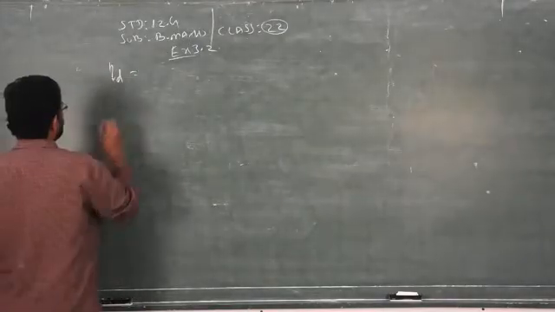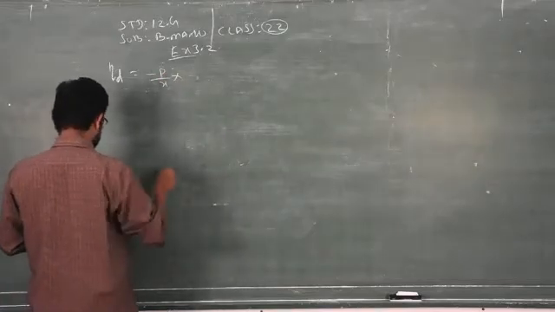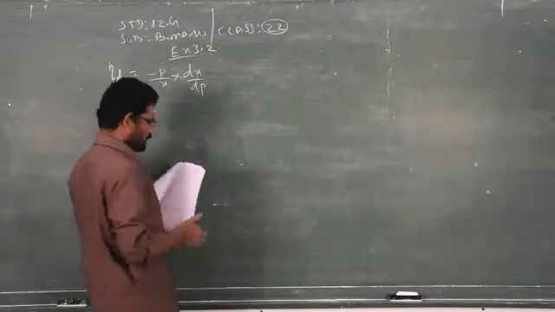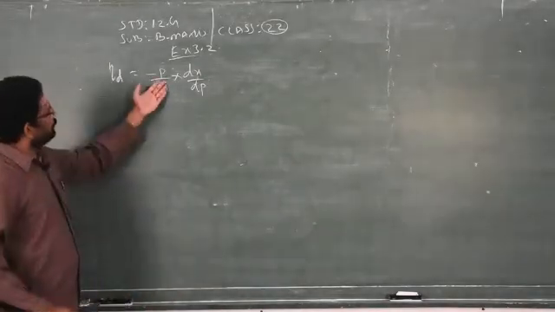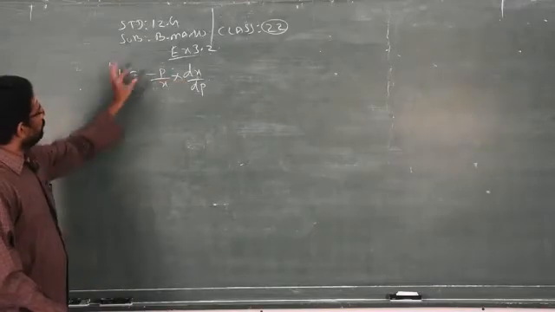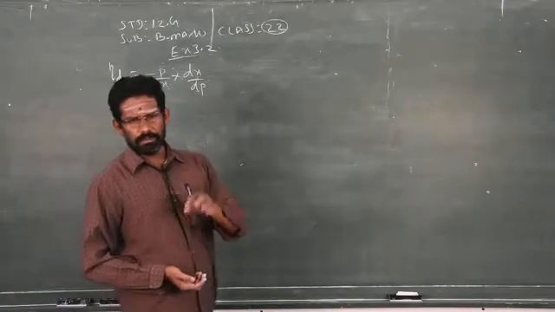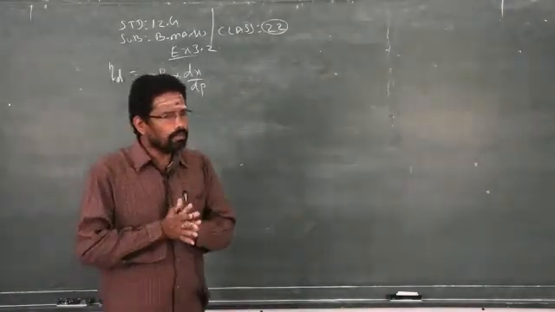The formula for elasticity of demand is eta d equals minus P by X into dx by dp. This is the general formula to find elasticity of demand. Here P refers to price, X refers to number of units. Sometimes P refers to demand function also, so don't confuse.